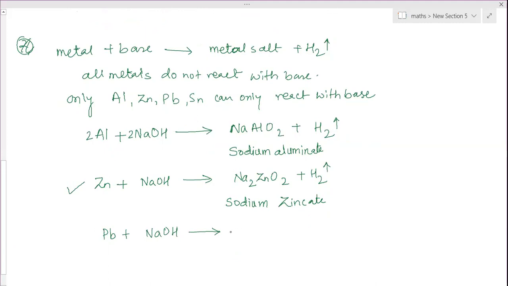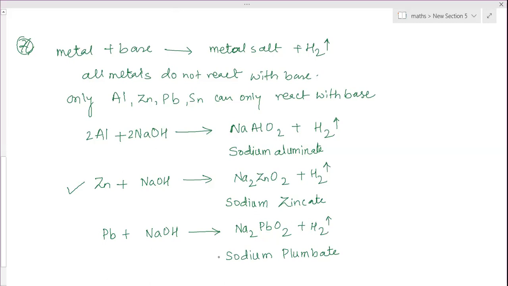It forms Na2PbO2 plus hydrogen gas, so the name is sodium plumbate. Tin reactions are not there. It will react, but not easily.